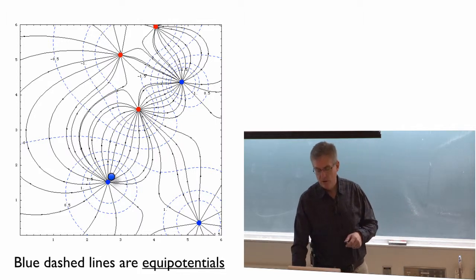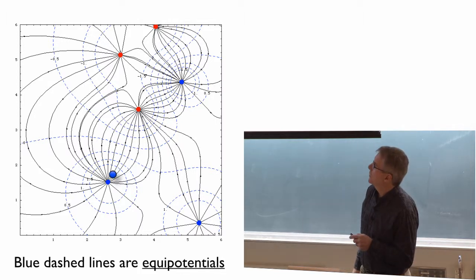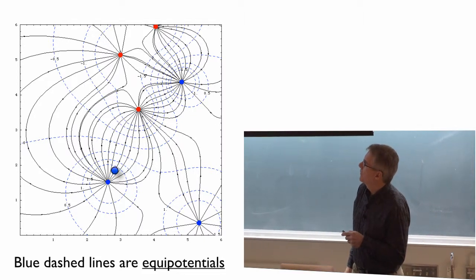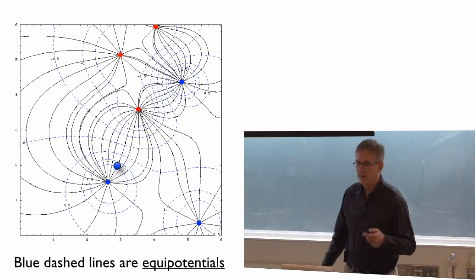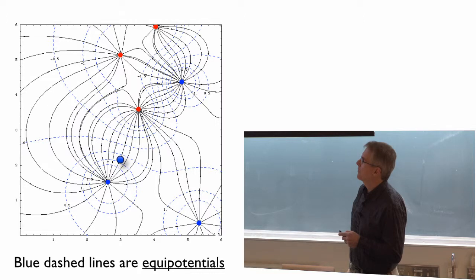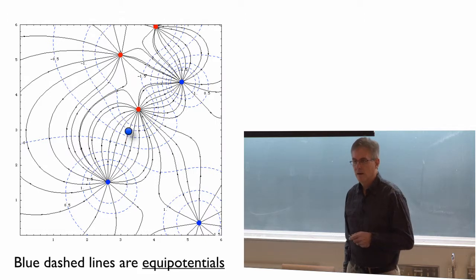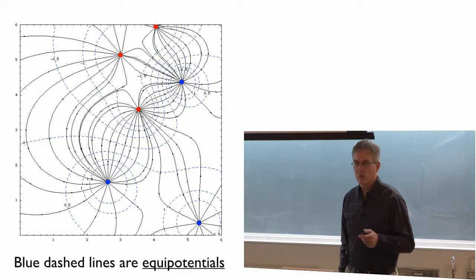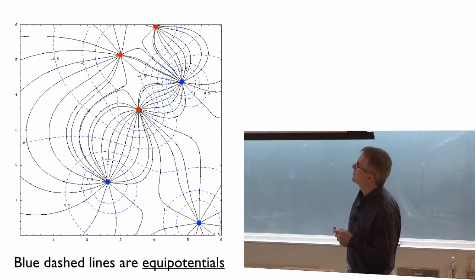If you have a positive electric charge here, it gets pushed away from the positive toward the negative by the electric field. But you could also think of it in terms of energy as going from high potential energy to low potential energy, and it would gain kinetic energy as it does so. But that's what we mean by electric potential. And these lines are lines of equal electric potential.